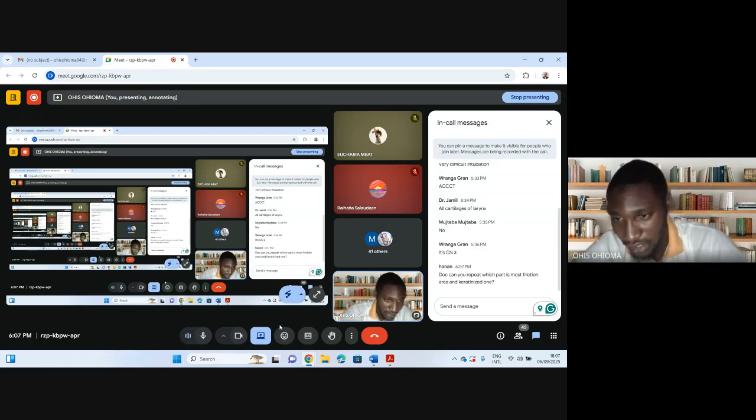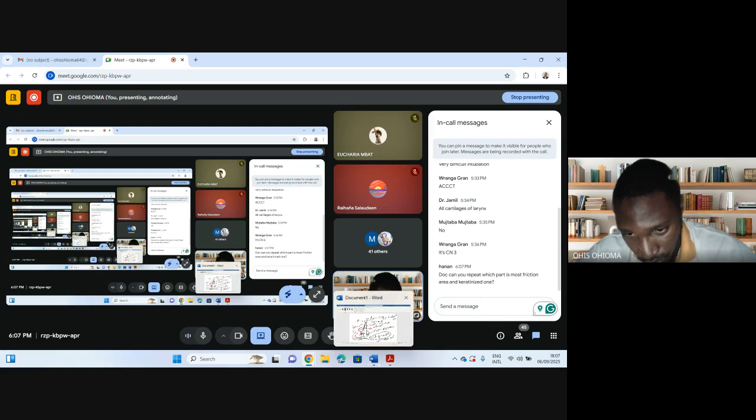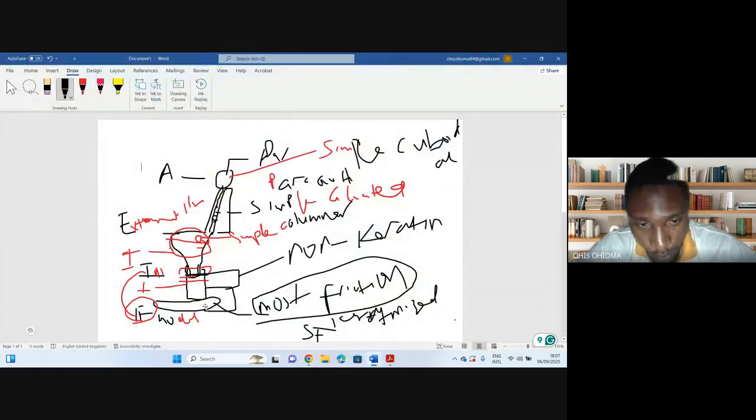Okay, so let me show you this diagram so that you can understand. I said that the part that has the most friction is the vulva. The vulva is exposed to a lot of friction when women wear their pants, or when they urinate and wipe their private parts afterwards, and thus it has to be keratinized.